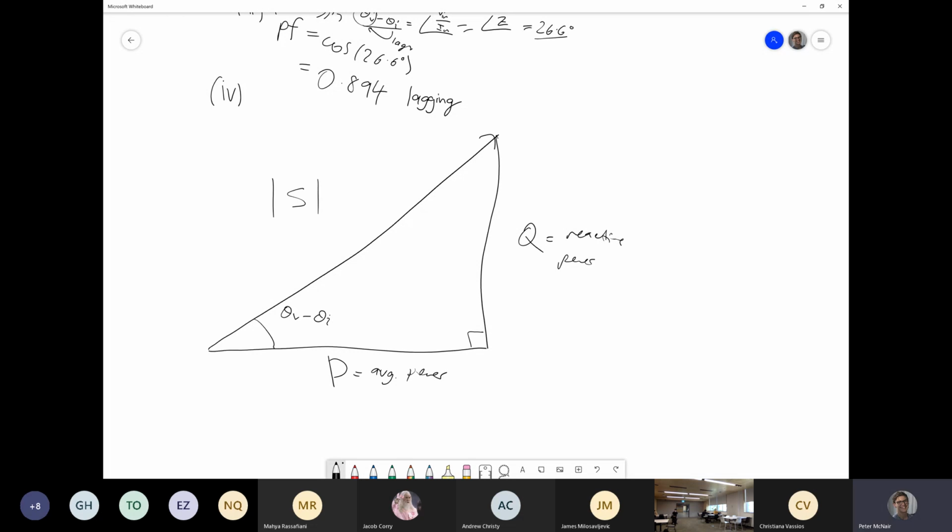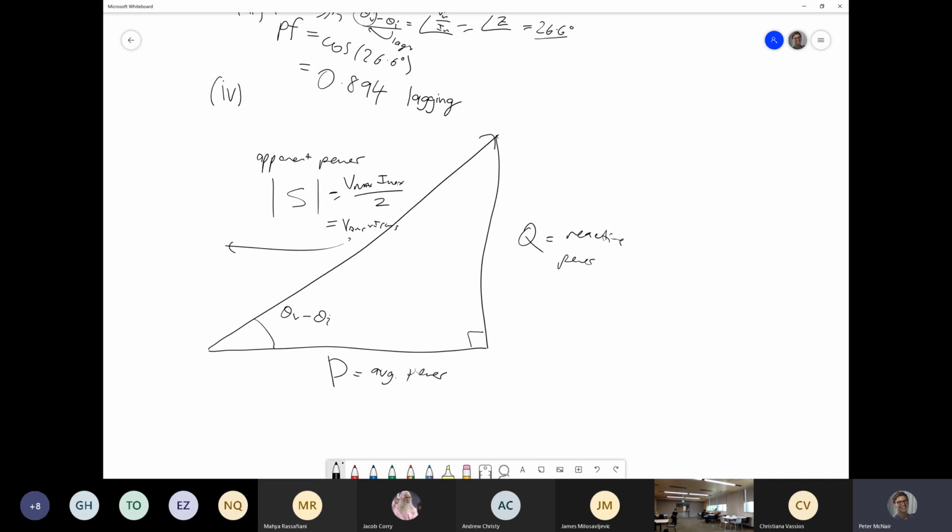What's the magnitude of this called? Apparent. And what's its value in terms of Vmax and Imax? Vmax times Imax. Careful, divided by 2. Or, if we take these as RMS values, VRMS times IRMS. Perfect.